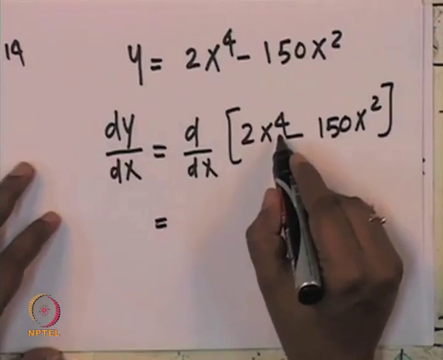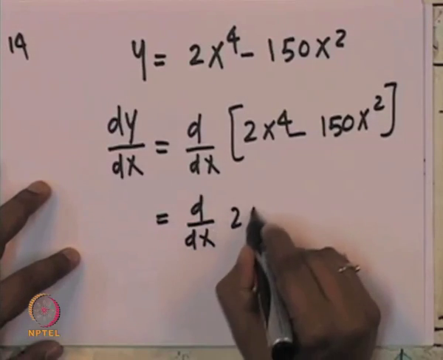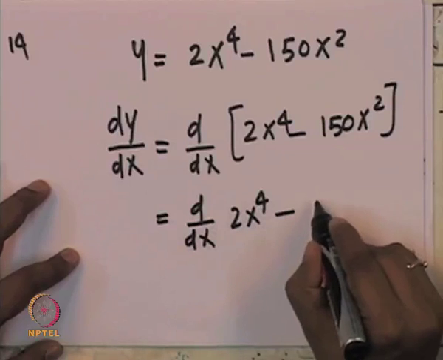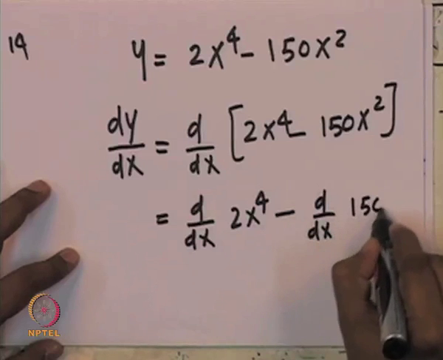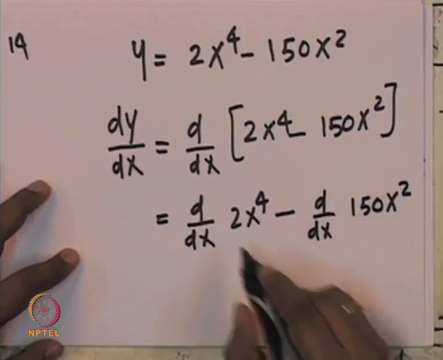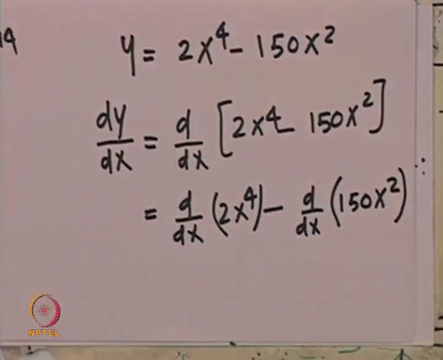So, first is d by dx of 2x power 4 minus d by dx of 150 x square. This is what we have to find.